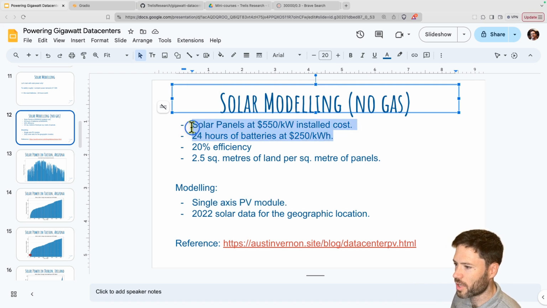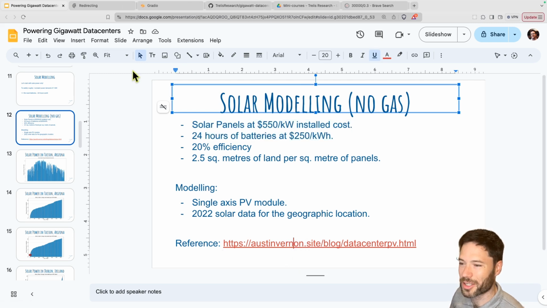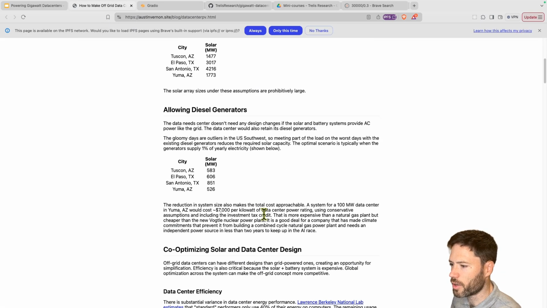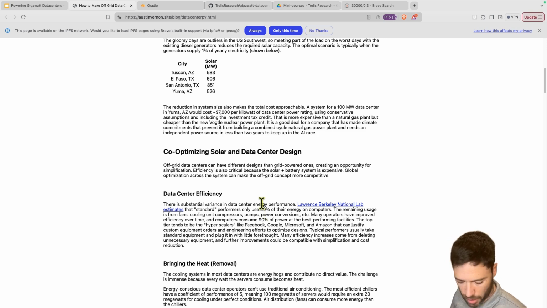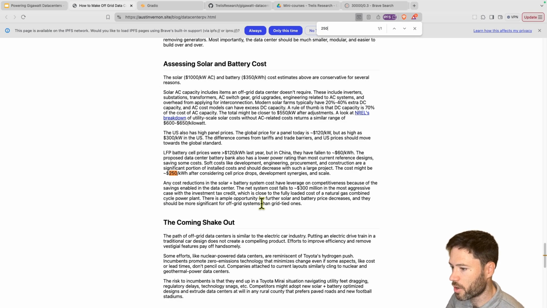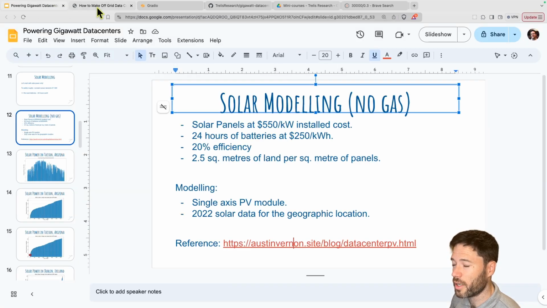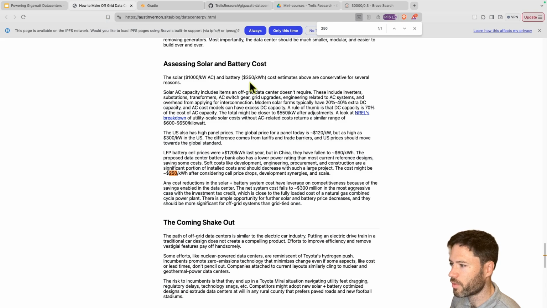Now, the reference for these costs here is taken from a piece by Austin Vernon. He inspired me actually to build this because he did some calculations around a solar PV data center configuration. And you'll see if you go down here to the section on costs, we can find his assumptions around batteries and around solar. He actually recommends $1,000 per kilowatt AC, so quite a bit above $550, and maybe $350 for batteries.